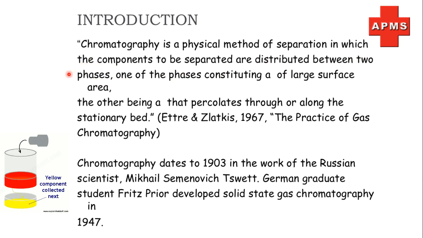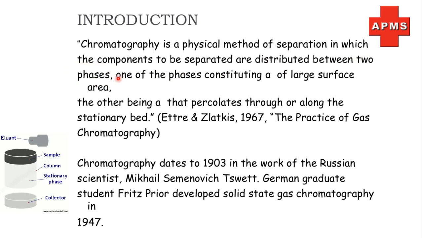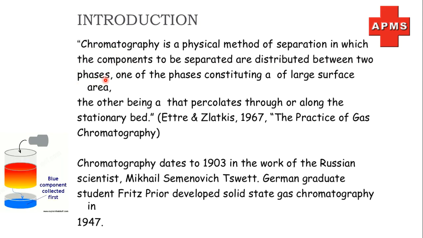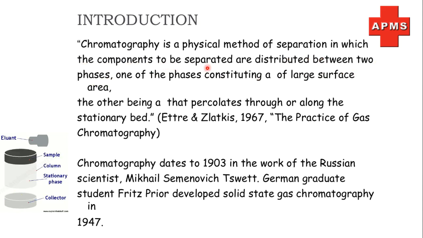One phase will be our sample, or our compound or mixture of compounds, and the other phase is a non-moving phase, which is called the stationary phase. So there are two phases, okay. The components to be separated are distributed between two phases.